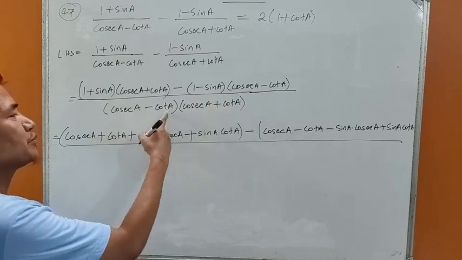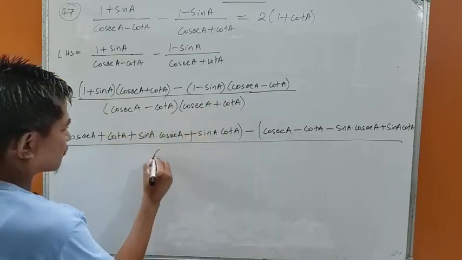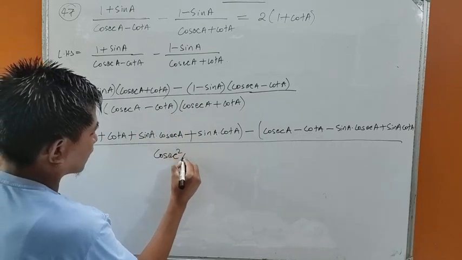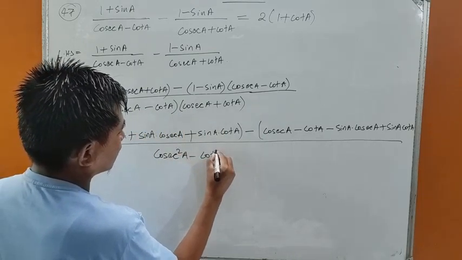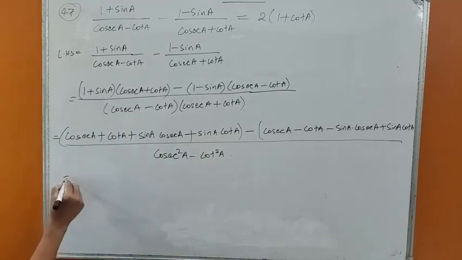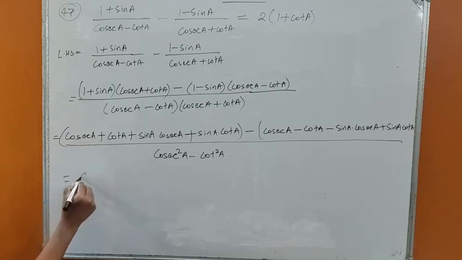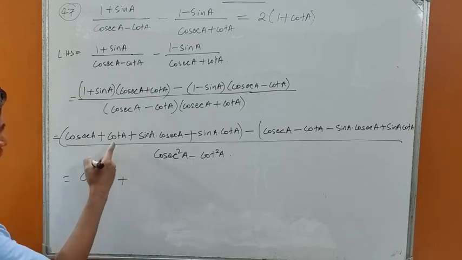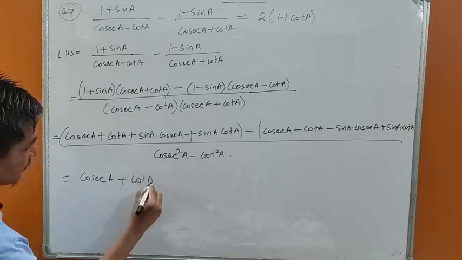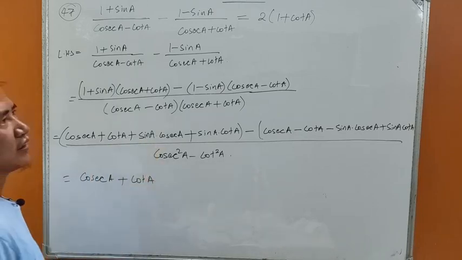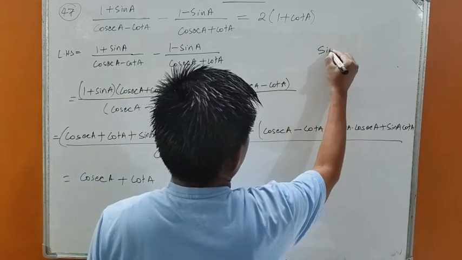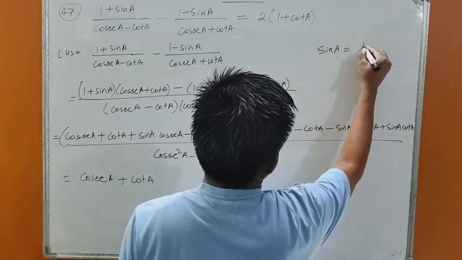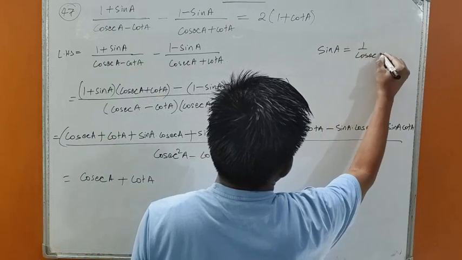So this is (A minus B) into (A plus B), isn't it? This means A square minus B square, cosec square A minus cot square A. So cosec A plus cot A. Now sin A into cosec A is 1, because sin A equals 1 upon cosec A, they are reciprocals of each other, isn't it?